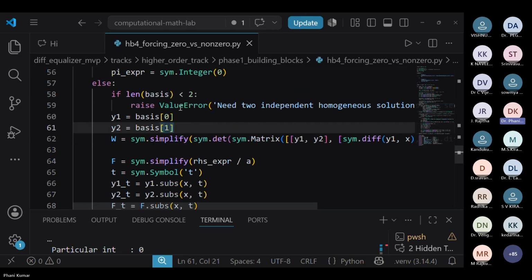Variable separable method. We are always using the variable separable method, right? Straight away, I'm taking one example.